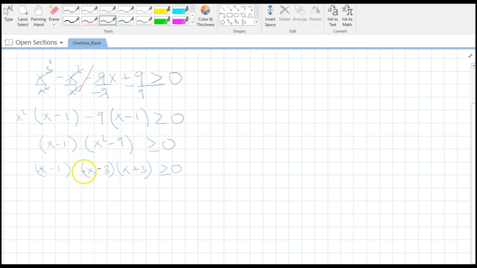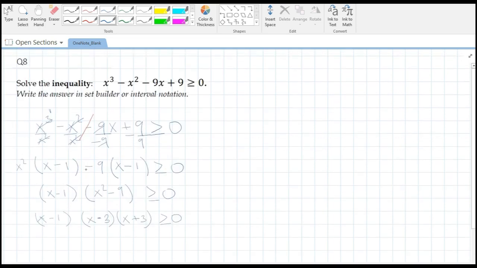Now, they want us to write the answer in set builder or interval notation. They're asking for the values where our graph is going to be equal to or above the x-axis. Picture that we have our x-axis and we have a negative 3.